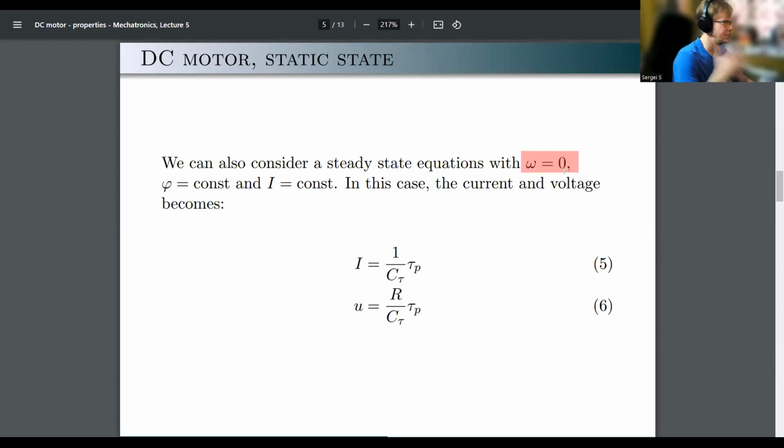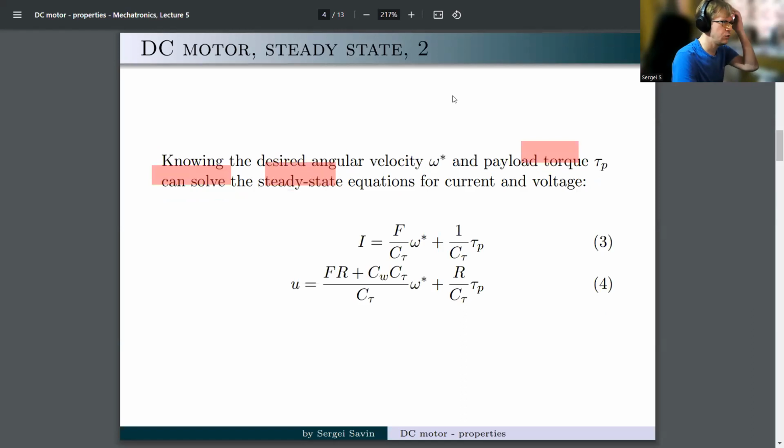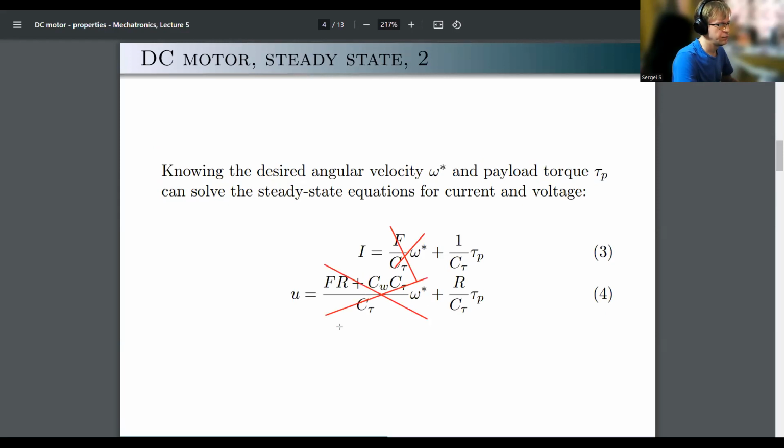Okay, now let us consider steady state equation, but when omega is equal to 0. So steady state, but we have 0 omega. So we have constant angle and constant current. Well, let's go back and just look. So what will happen when omega is equal to 0? Well, this goes away. This goes away. Okay. So equations become very simple.